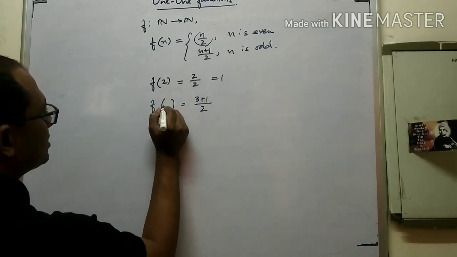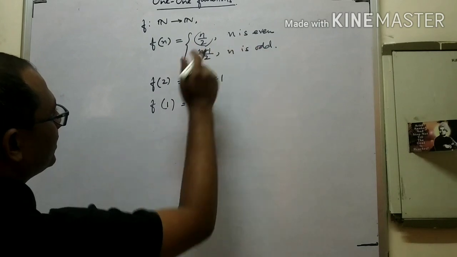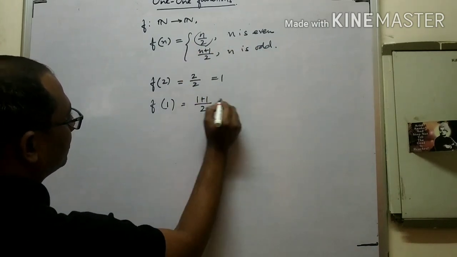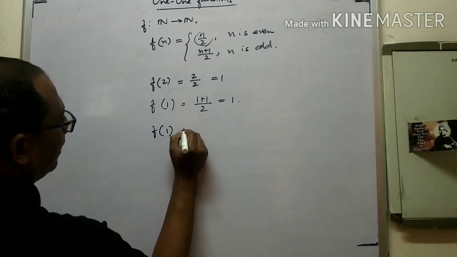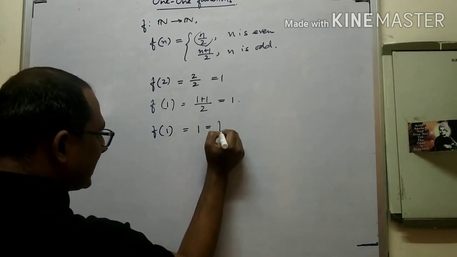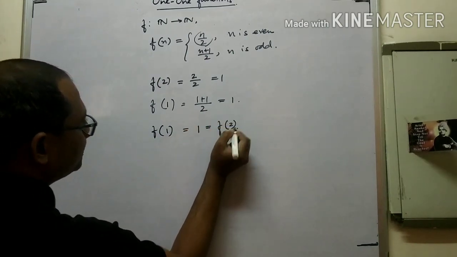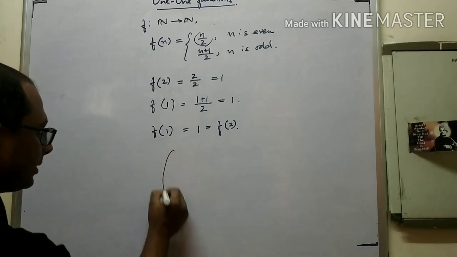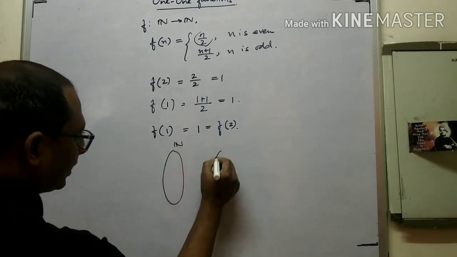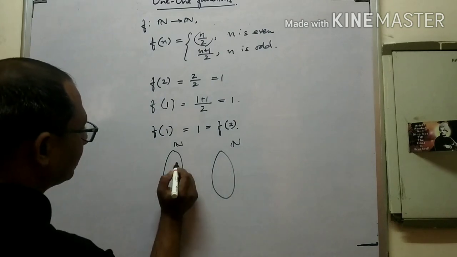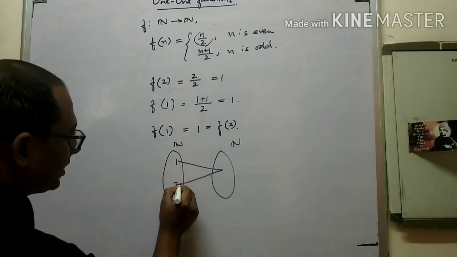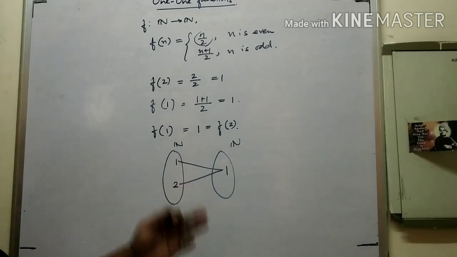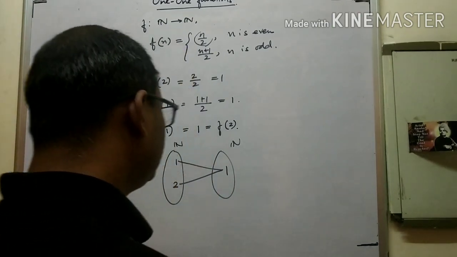Let us go for 1. 1 is still odd, so it is (1 plus 1) by 2, that is 1. So f(1) is also 1, the same as f(2). So in the domain of natural numbers, and the codomain also natural numbers, 1 and 2 have the same image 1. So the function is not 1-1.